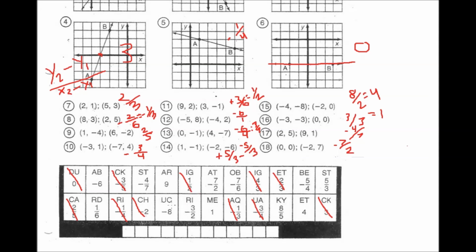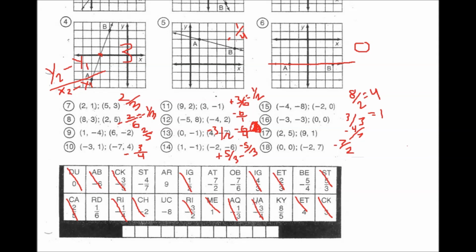Negative 6. Negative 3 over 2. 5 over 3. 4. Yeah, this is negative 3 over 2 here. 4. 1.